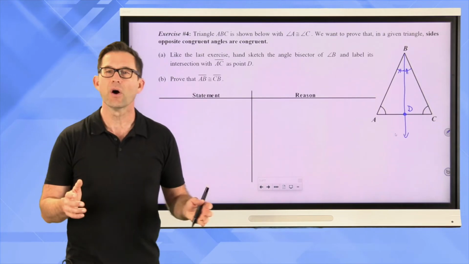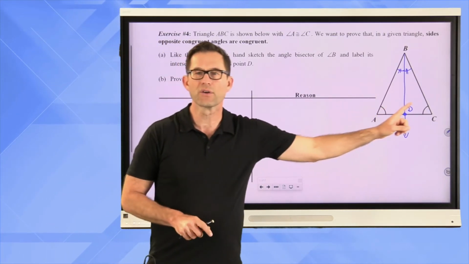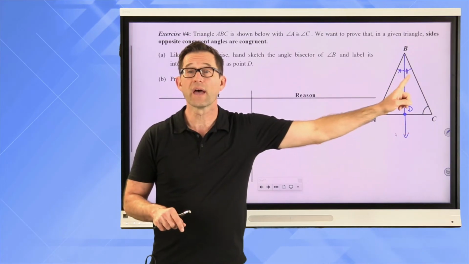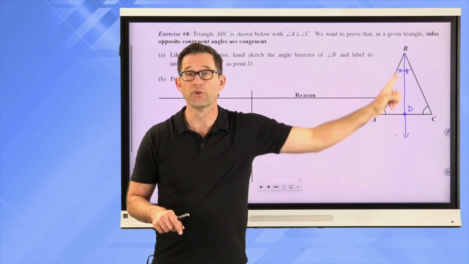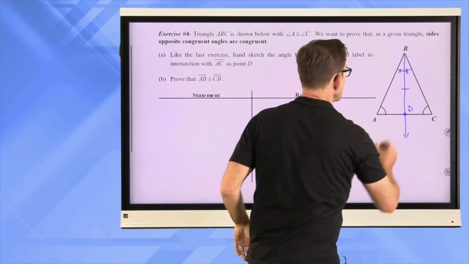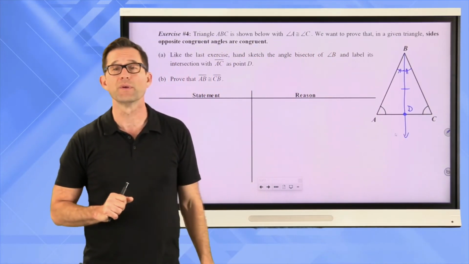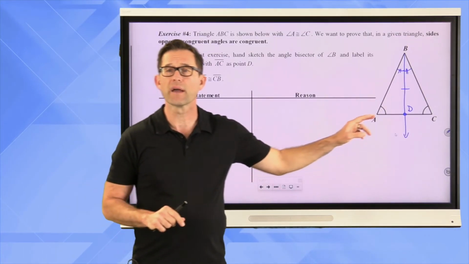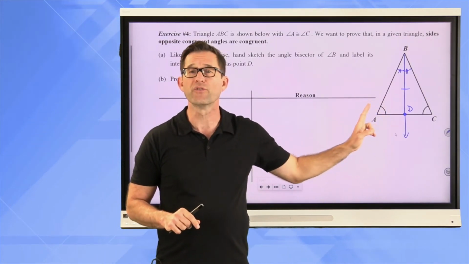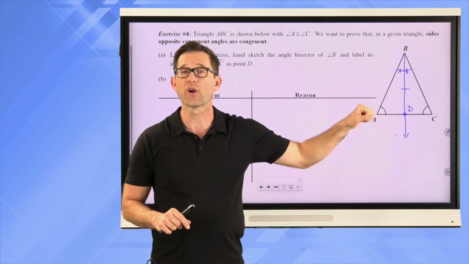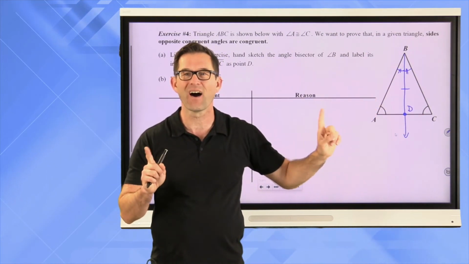All right, so we know this angle is congruent to that one, right? That's our original given. We know this angle is congruent to that angle because we drew in the angle bisector, and just like before, we know that side BD is congruent to itself by the reflexive property. That now means that I can prove that triangle ABD and triangle CBD are congruent to each other by angle angle side, right?